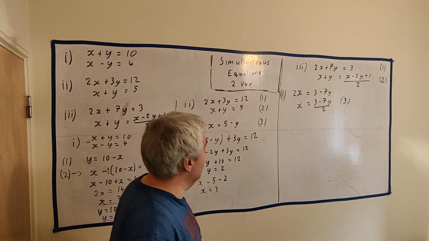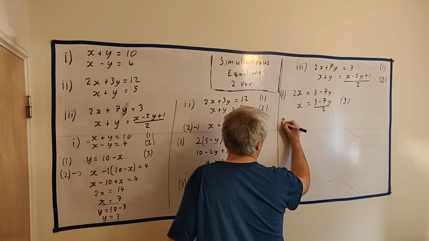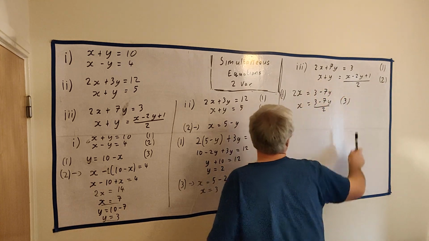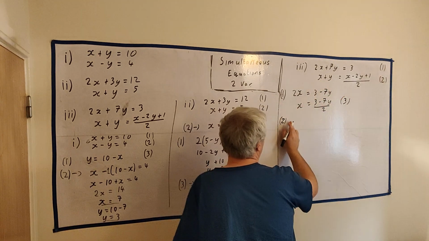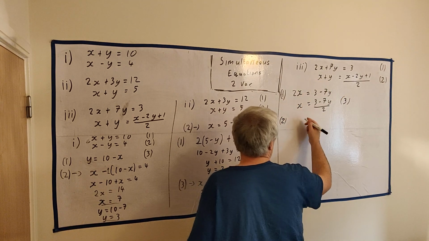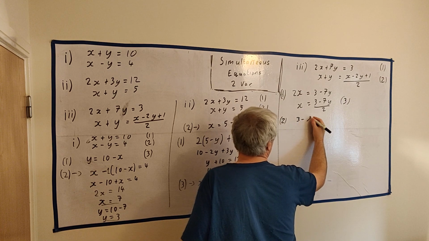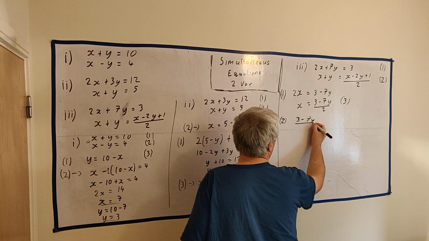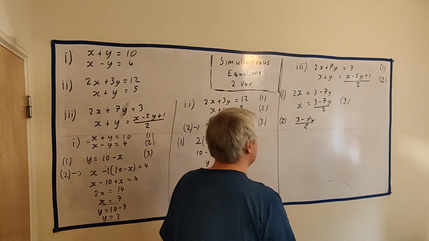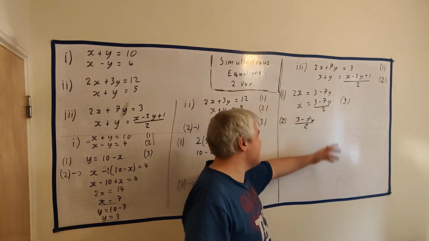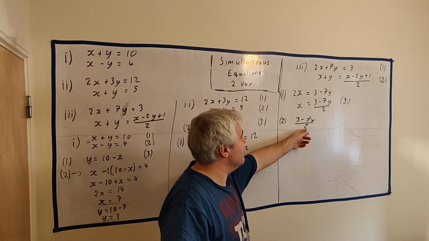Hope I have enough room here. Now I'm just going to write the second equation again. This big mess, I'm going to have a bit of trouble. Remember, that is x now. x equals this. I know it's the same thing. I don't have to write x when I can write this.